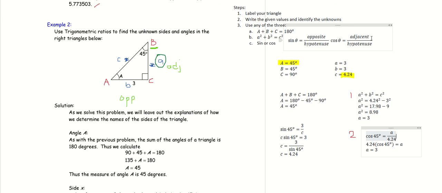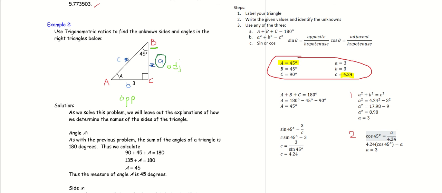Pwede rin naman yung tangent, pero it's easier kasi konti lang yung pinagpipilian. Tama, di ba? Ang goal naman dito is that you'll be able to solve for the right triangle. When we mean solve, the goal is for you to complete this. If you complete this correctly, then tapos na yun.